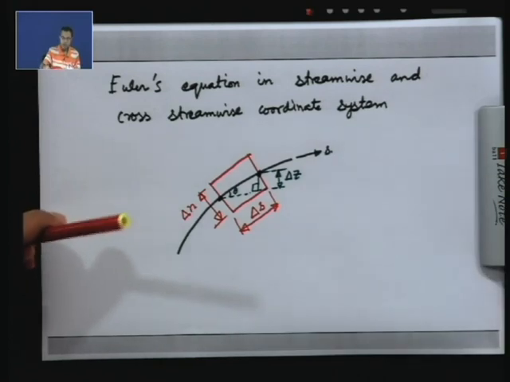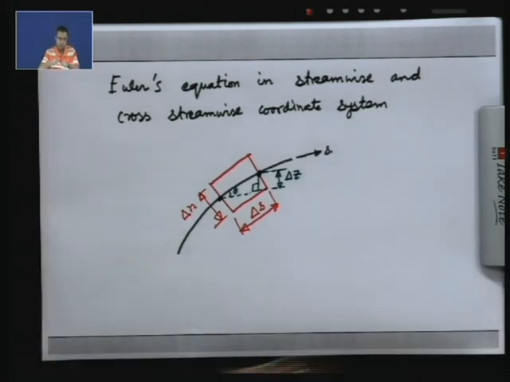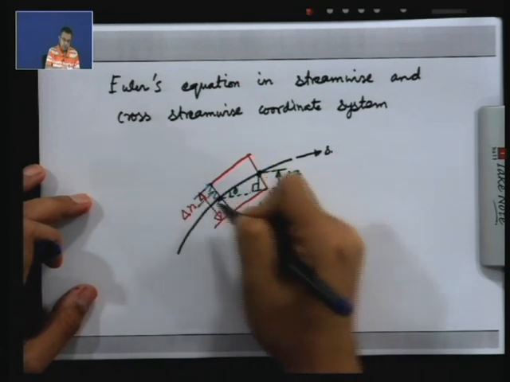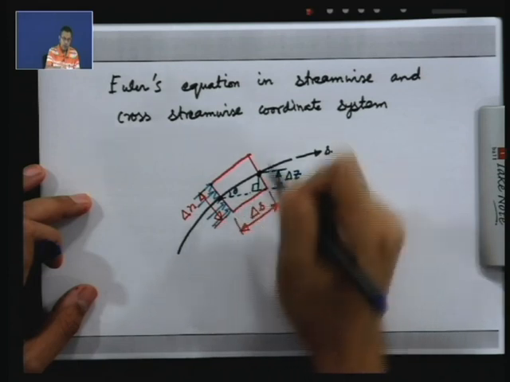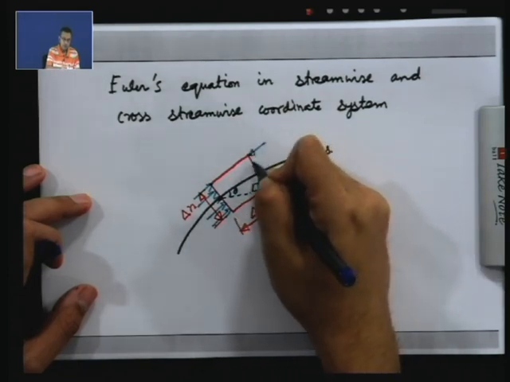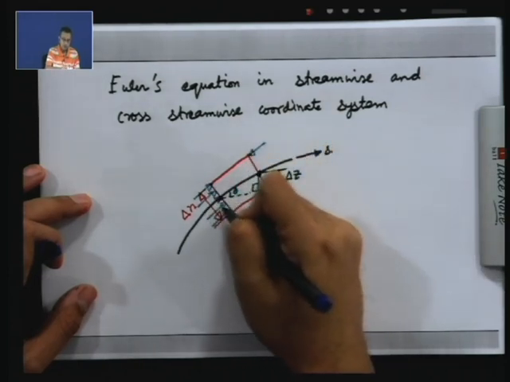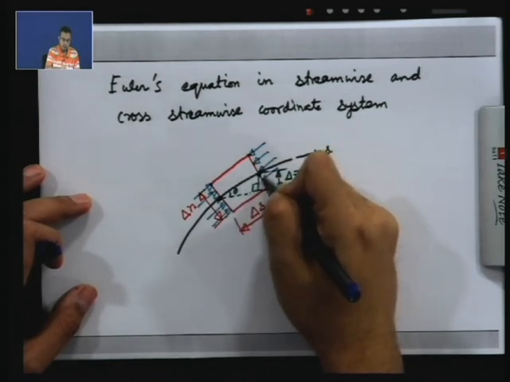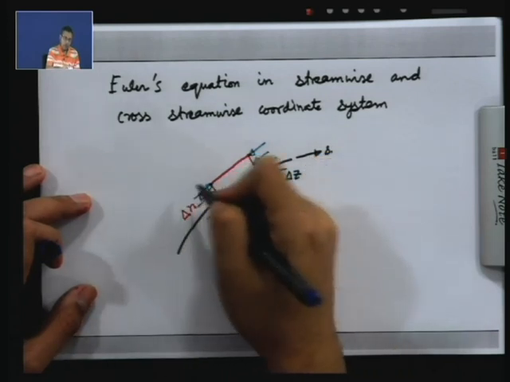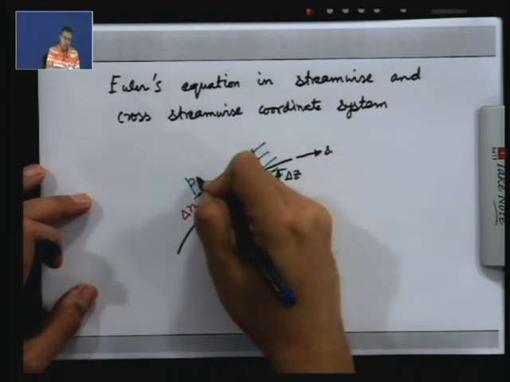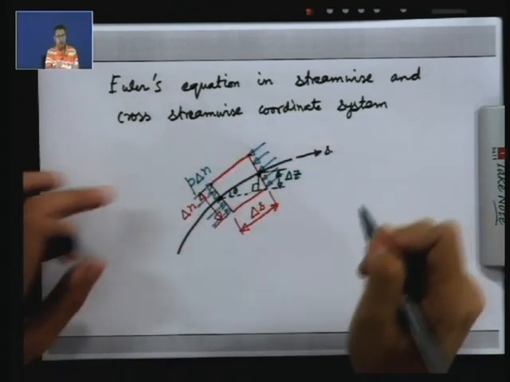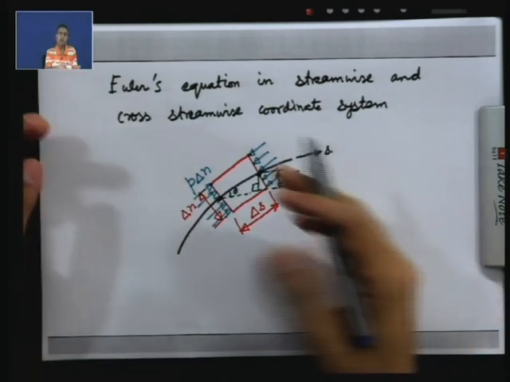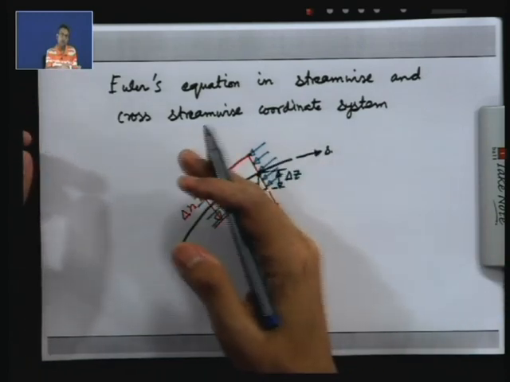Now, what are the forces acting on this element? Here the pressure is P times the area delta n, into the normal direction, let us say the length perpendicular to the plane of the figure is 1.